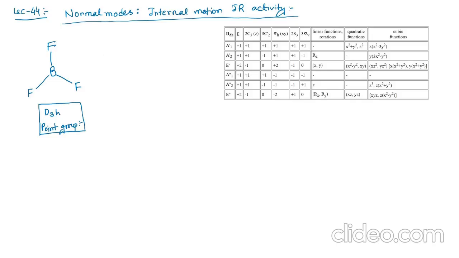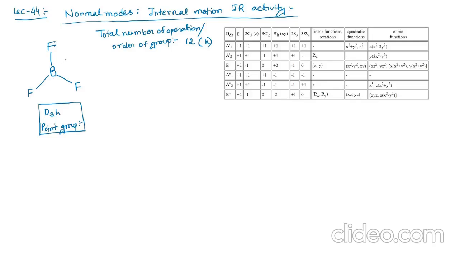The order of the group is 1 plus 2, 3 plus 3, 6, 7, 9 and 12. That is your h.